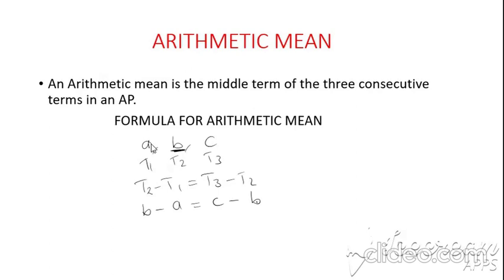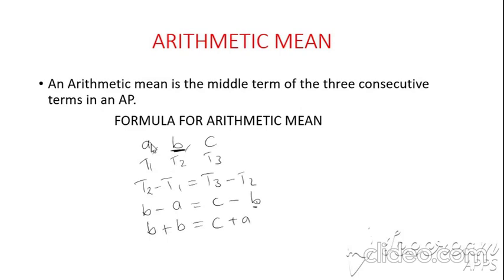Now our aim is to make this B the subject of formula, or in other words to find this B, because that's the arithmetic mean we are looking for. So here we are having two B's, so this B here which is having negative can move to this B here. So when it moves, this negative becomes plus when it crosses the equal sign, like that, is equal to, after the equal sign we are having C, and then this negative A will cross, and when it crosses it will become positive.